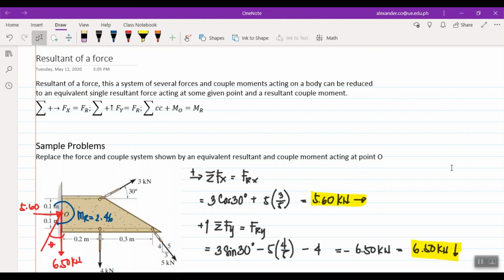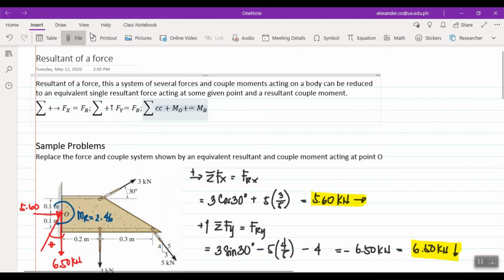And also, get the moment. So, clockwise will be positive at a specific origin, no? Pwede mo pang lagyan yung plus moment due to couple, katulad ng example natin kanina. So, pwede ko ding lagay dito plus moment due to couple.